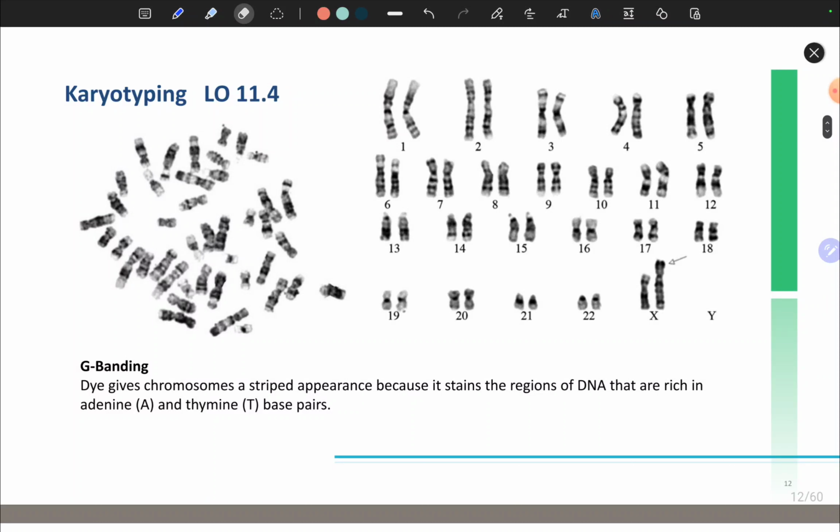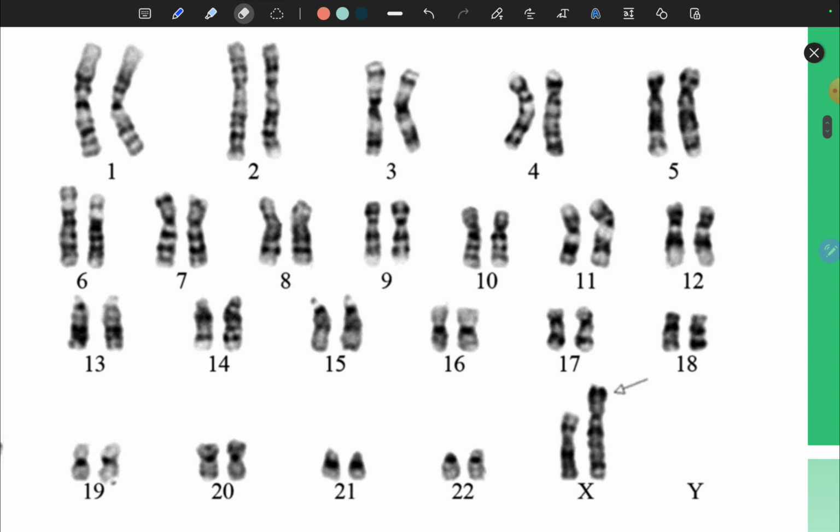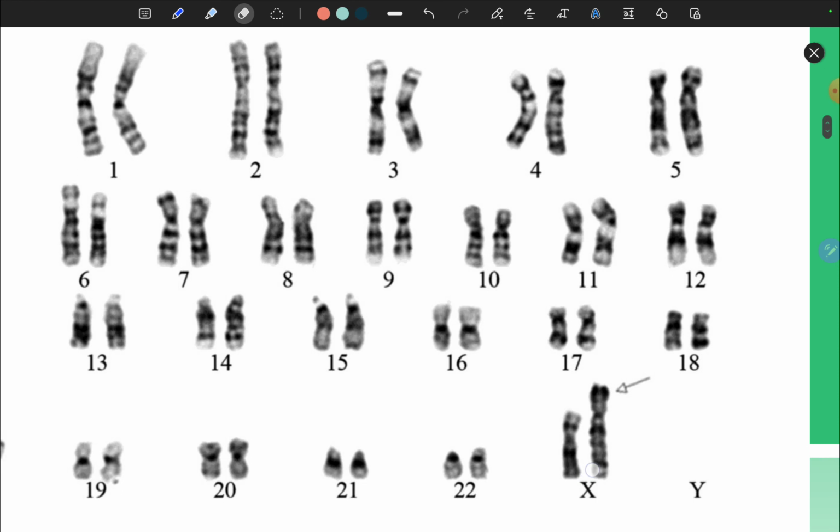As you see, upper left, we start with number 1, the largest chromosome, and we come down until we reach the bottom right corner, and this is where we put the 6 chromosomes.